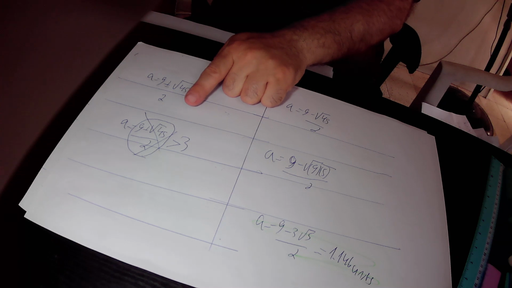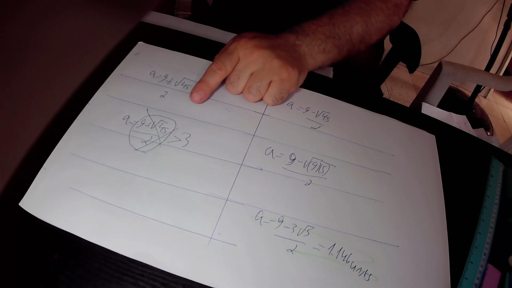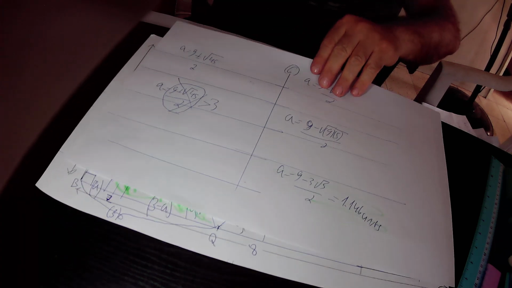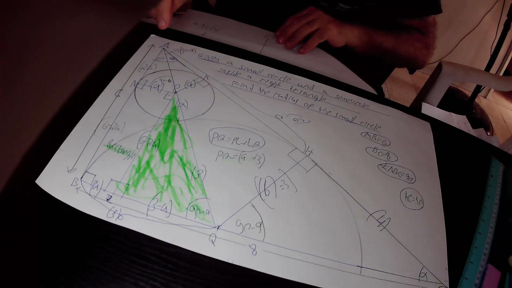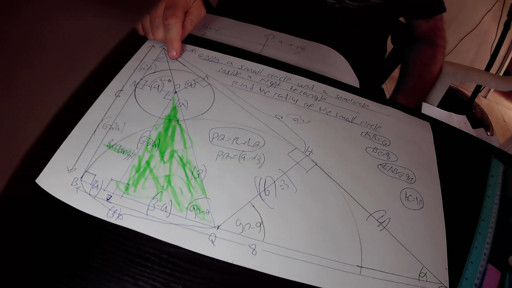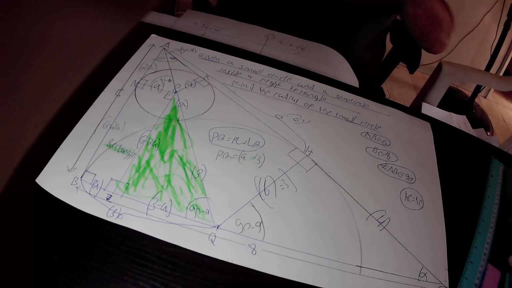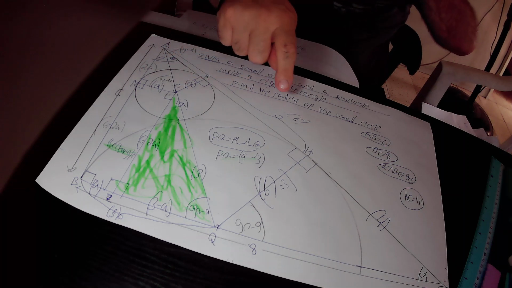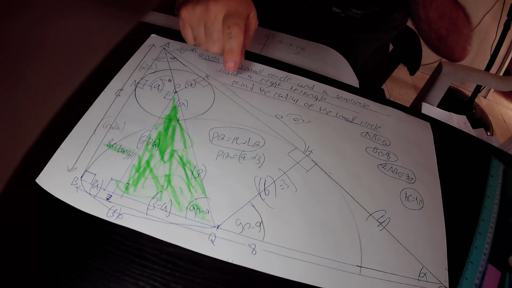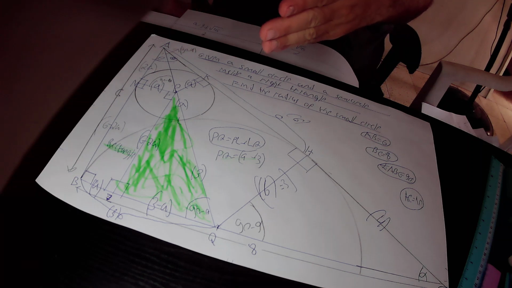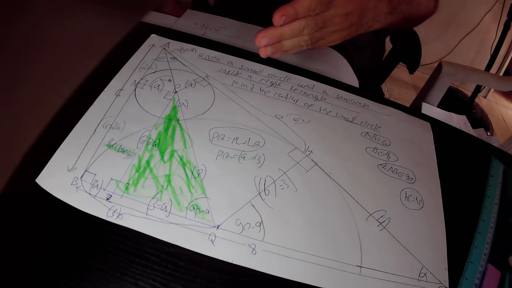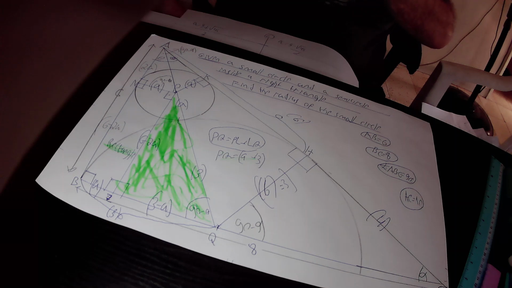This expression is greater than 3. That is to say, according to the first solution, the radius A of this small circle is greater than 3 units. But it is impossible that the radius of this small circle is greater than 3. Why? Because the radius of this big semicircle equals 3 units, and the big semicircle is definitely bigger than the small circle.